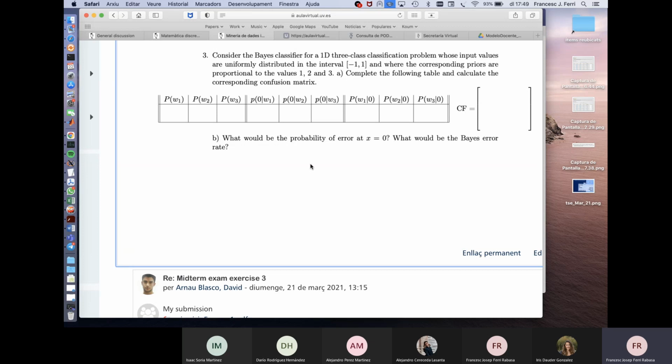Because in this case the conditionals are the same, what would be the unconditional in this case? Do you remember the unconditional?